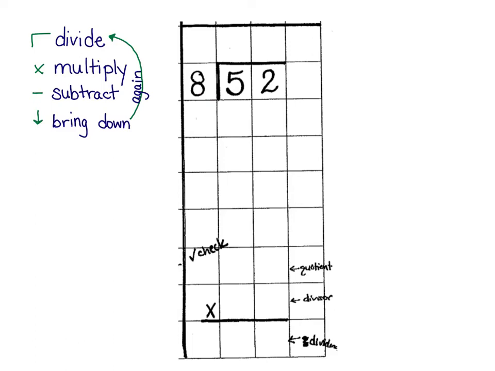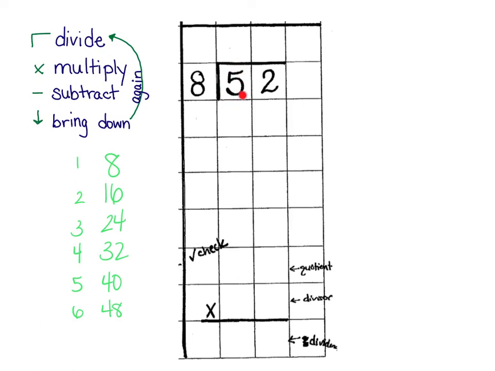So, because I like to skip count, I'm going to skip count by 8. 8 times 1 is 8. 8 times 2 is 16. 8 times 3 is 24. 8 times 4 is 32. 8 times 5 is 40. 8 times 6 is 48, and so on.